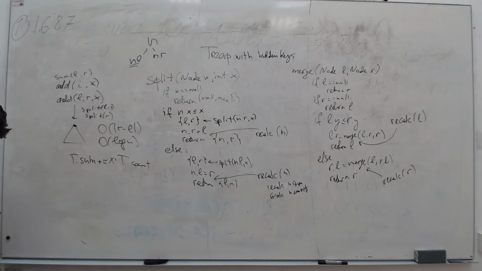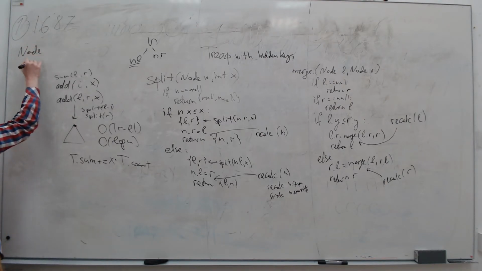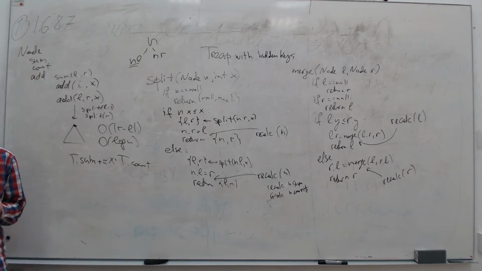For that, we make these updates lazily. So our node right now has sum, count, and now it will have a field add, which means how much I should add to the elements in this subtree.